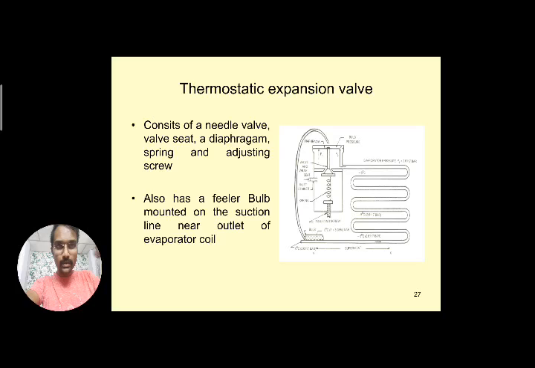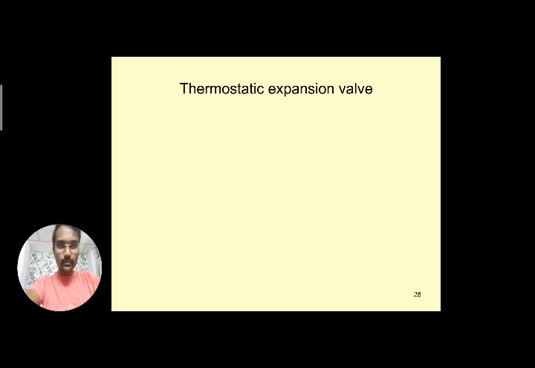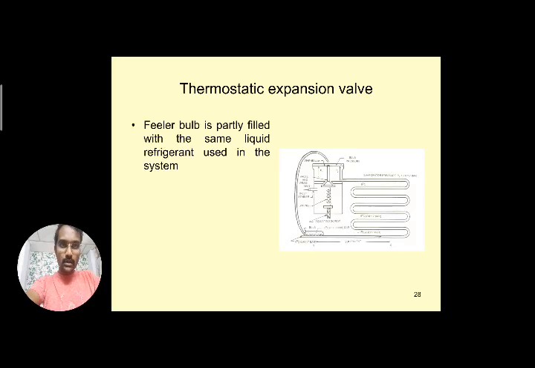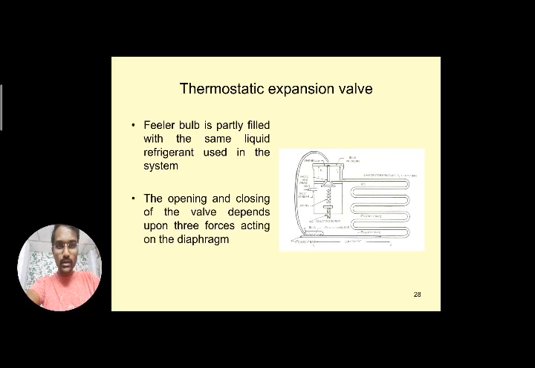In that bulb, the same refrigerant is filled. It is partly filled with the same liquid refrigerant used in the system. Whatever refrigerant is there in liquid form is filled partly in the bulb. Now the opening and closing of the valve depends on three forces acting on the diaphragm. I already told, these three forces have to be taken into account.